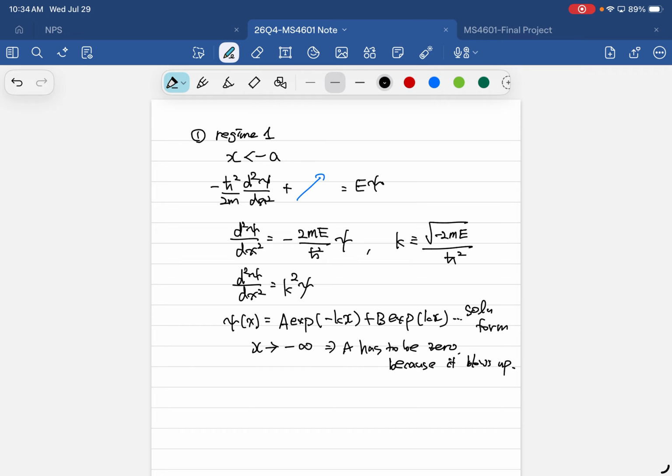Another thing: let's say a is 0, but we still have some expression for psi. We will eventually evaluate b and any other term. So what does it mean in terms of the probability density function in region 1?